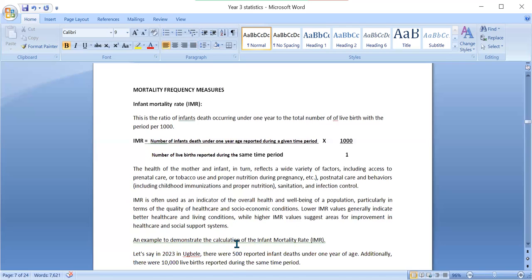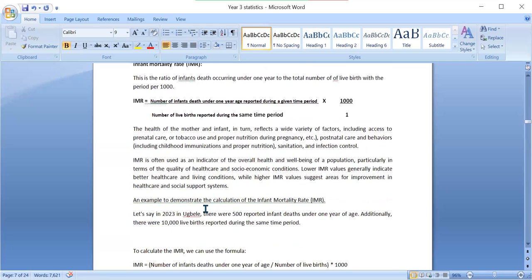Do people have access to food? Is the environment polluted? Lower IMR values generally indicate better healthcare and living conditions, while higher IMR values suggest areas for improvement in healthcare and social support systems.